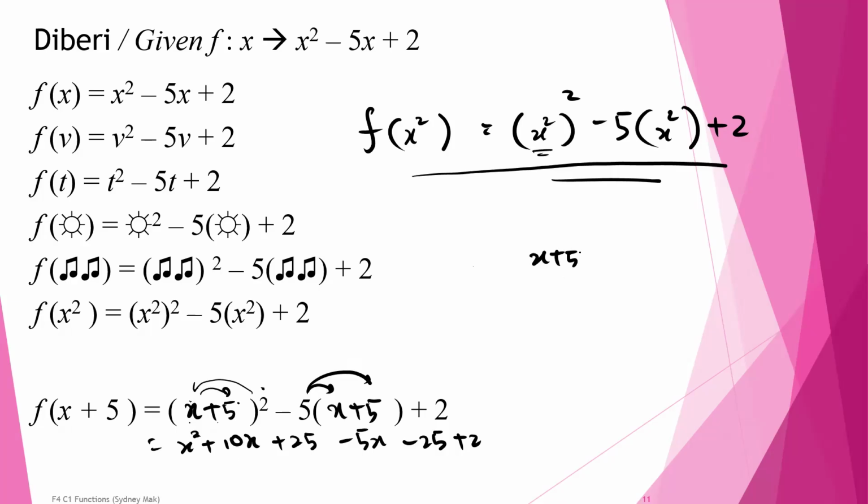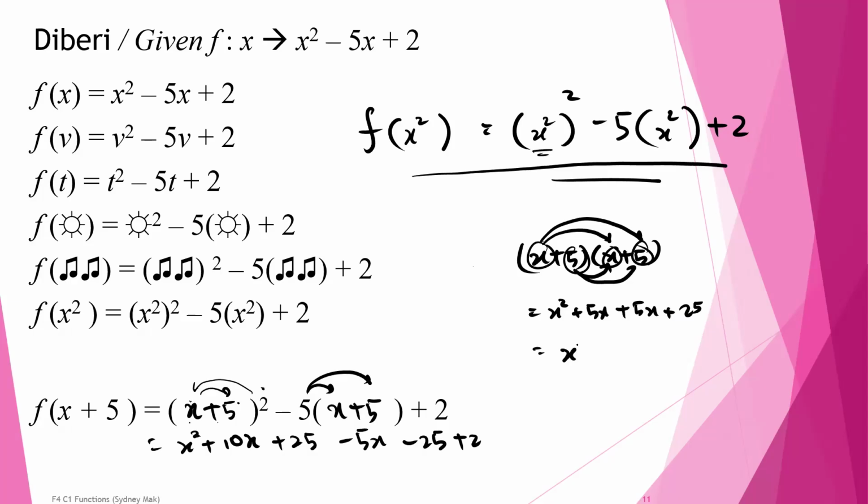Because x plus 5 times x plus 5. So you do like this, x times 5x. So you have x squared plus 5x. And then 5x again times 5. So you plus 5x times 25. The x times 5 and 5 times x basically is the same product that happen twice, that is the reason your formula is always x squared plus 2 times a times b plus b squared.